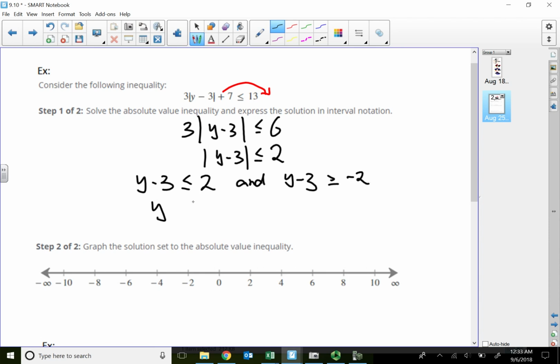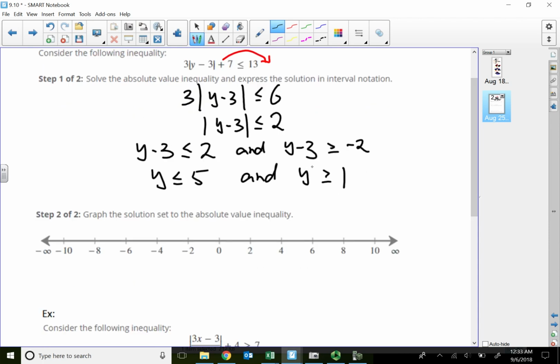So one answer, y is going to be less than or equal to 5, and the other part would be y is greater than or equal to 1. Negative 3 goes over, becomes positive 3. So I'm looking for numbers that are less than or equal to 5. Let's go to the left side of 5.